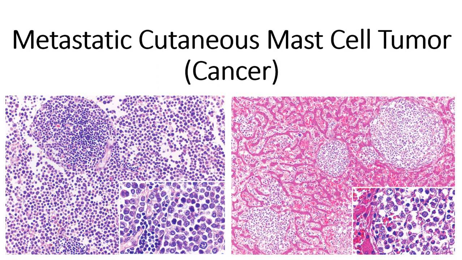So the original tumor located on the skin is a tumor of mast cells. Mast cells are a kind of cell related to allergic reactions, located in the dermis. The mast cells can become tumors. From the skin, it will spread into the liver here.